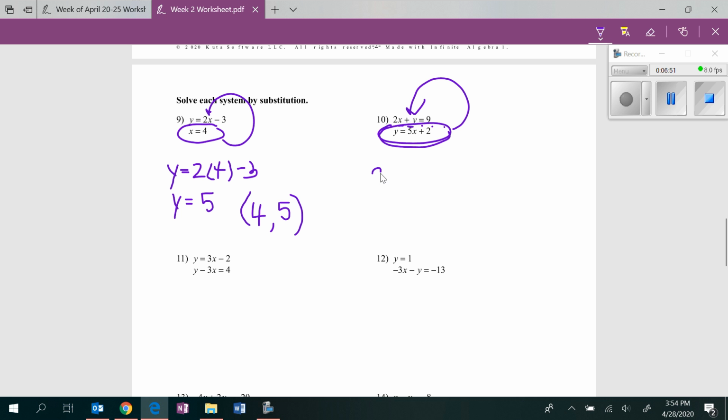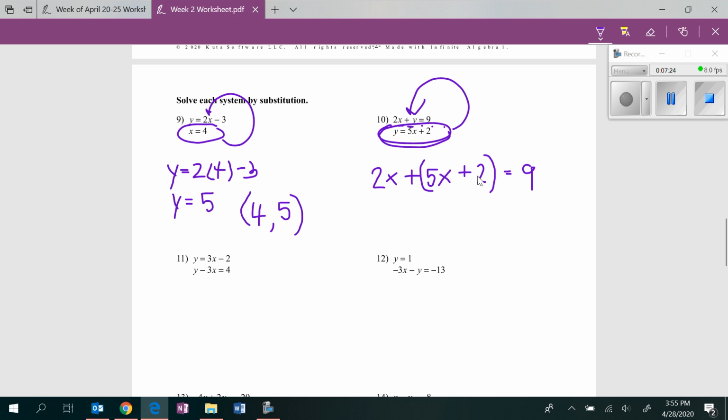So 2x plus that whole equation, (5x + 2), and I'm going to put parentheses as well, equals 9.